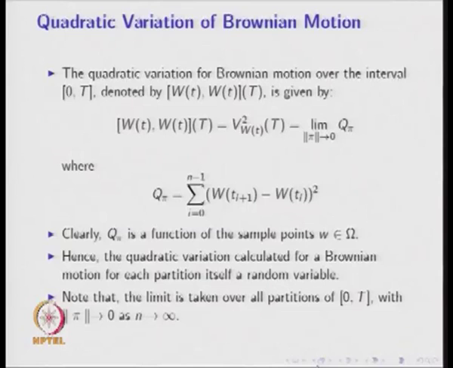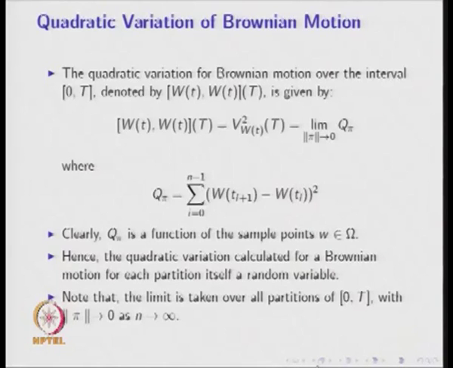Now we are moving into the quadratic variation of Brownian motion. The quadratic variation of Brownian motion over the interval 0 to t, where t is a positive real number, is denoted by V suffix W, superscript 2 of t.